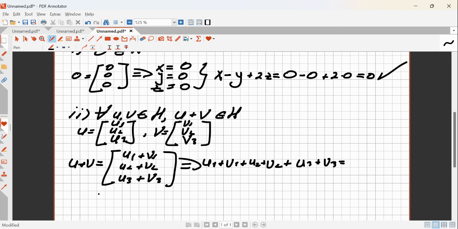Let's combine separately what is u and what is v vectors: u1 plus u2 plus u3, plus v1 plus v2 plus v3.